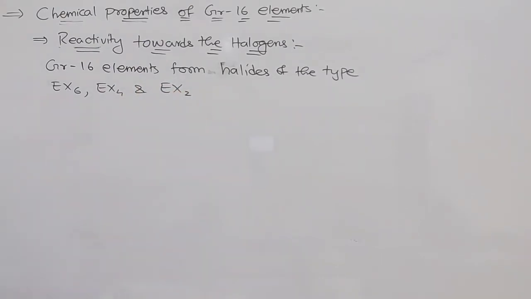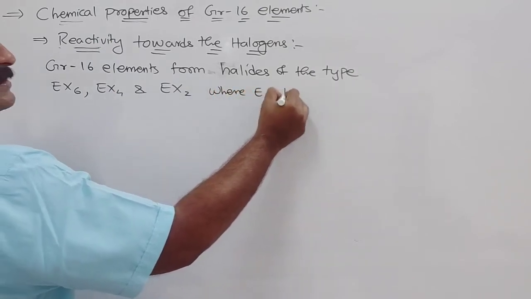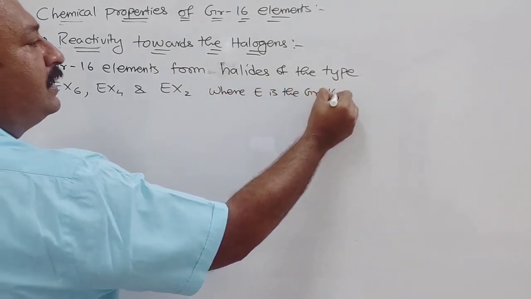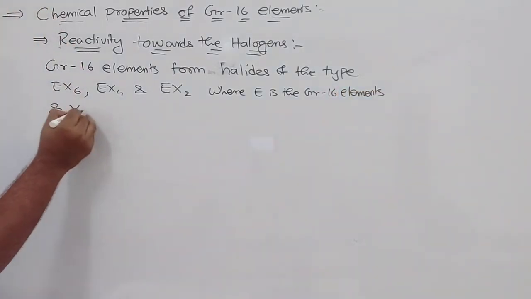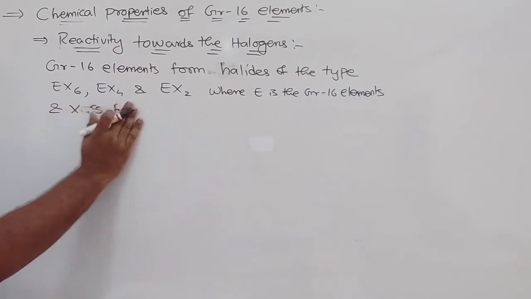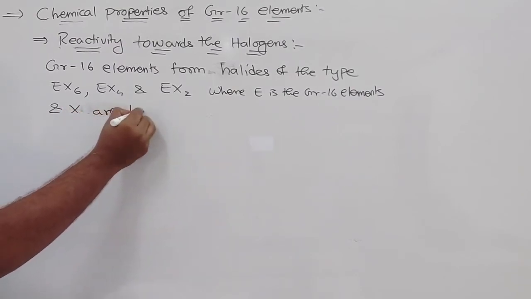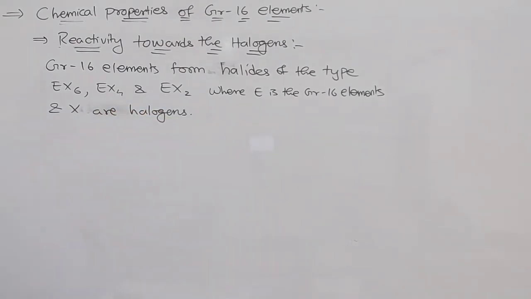So these are the three forms, EX6, EX4 and EX2 type, where E is the group 16 element and X is a halogen. So these are the types of halides that are formed.